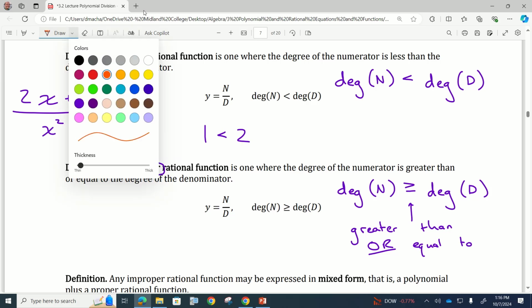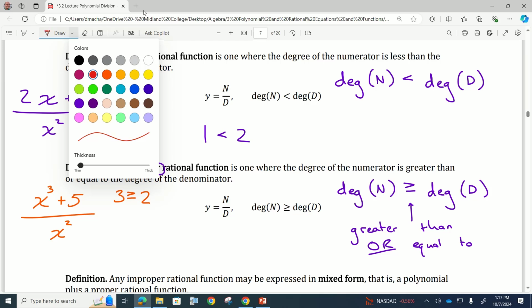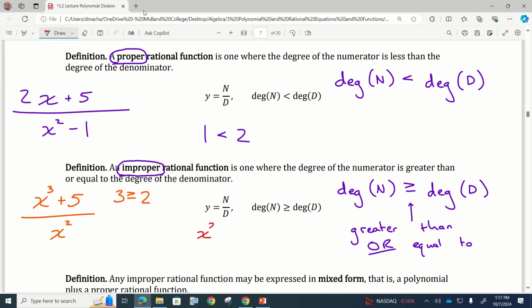You might see a situation where you have like x cubed plus 5 divided by x squared. Here, 3, the degree of my numerator, is greater than 2, the degree of the denominator. But another thing you might see is just like x squared minus 1 divided by x squared. And the degree of the numerator is 2, and the degree of the denominator is 2, but we still call this improper if they're the same degree.